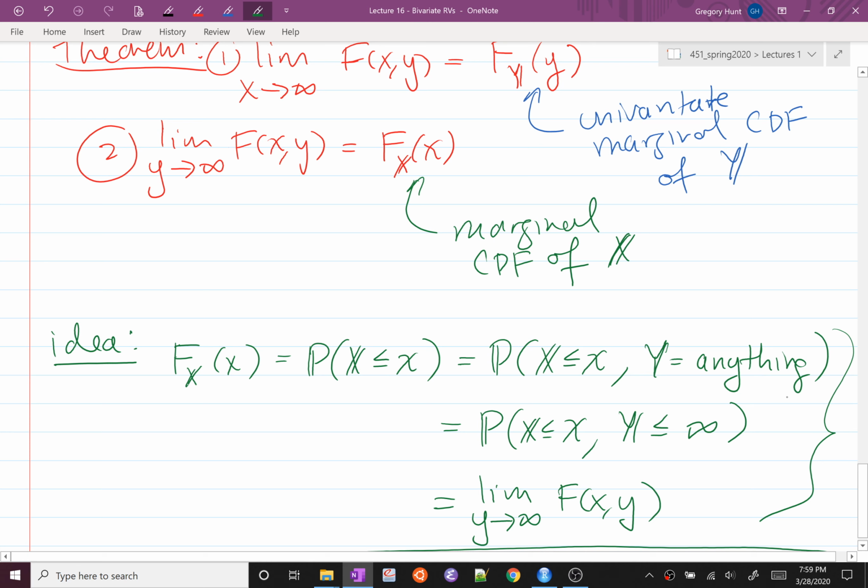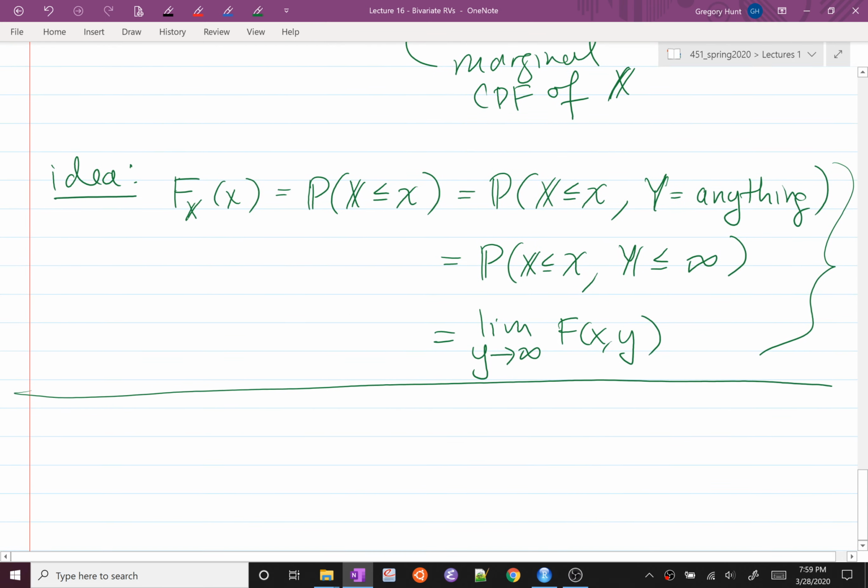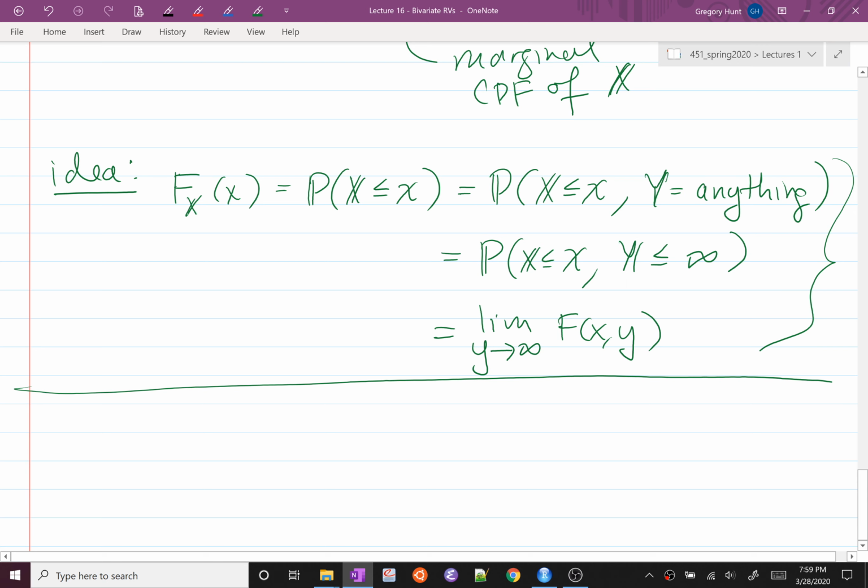Saying "and Y is anything" is just intersecting with the whole sample space, which doesn't change anything. That can be made rigorous if you go back to the inverse image definition of probability for a bivariate random variable. That's a bit cumbersome, but it can be shown more rigorously that way. Okay.